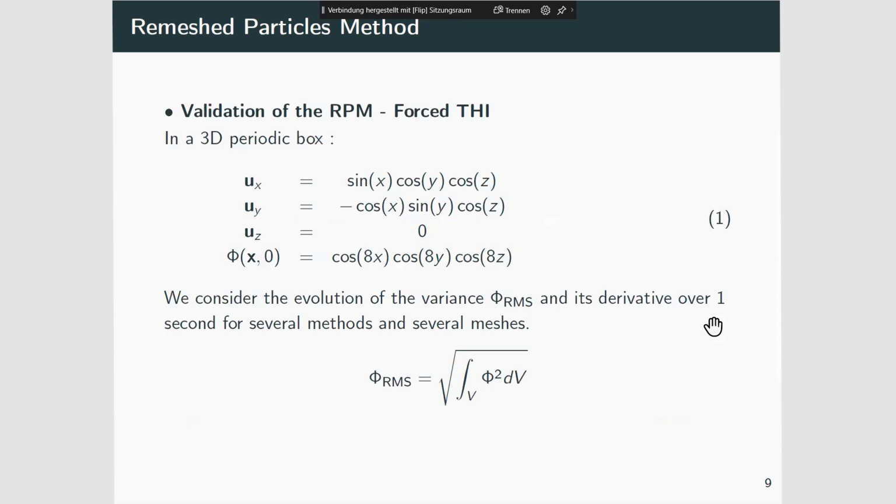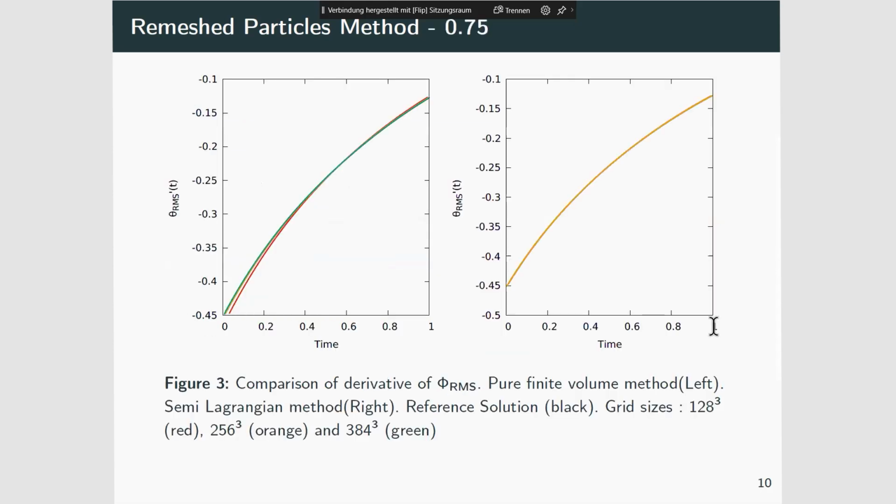This is the basic initial condition of the test case, and then we are going to study the derivative of the evolution of the root mean square of phi, for different Schmidt numbers. And we are going to compare with, in our case, a pure finite volume method.